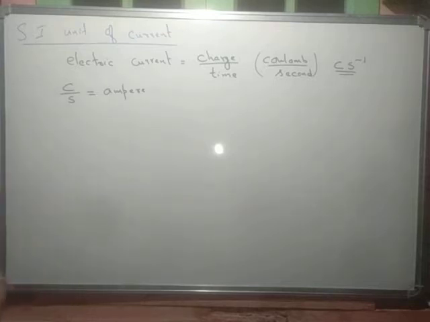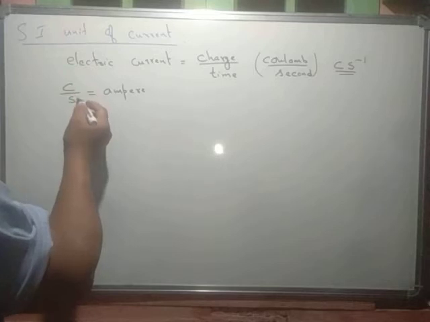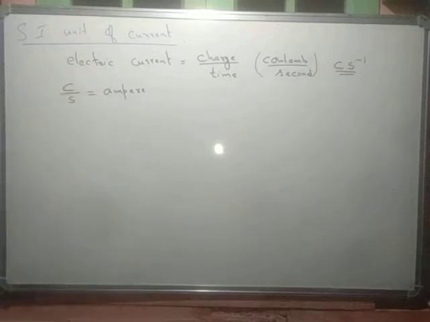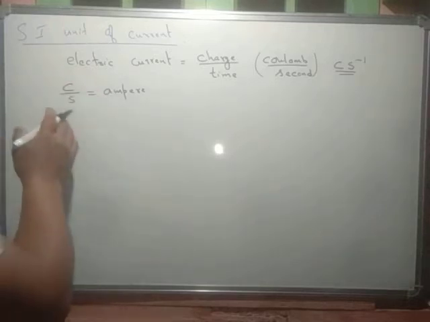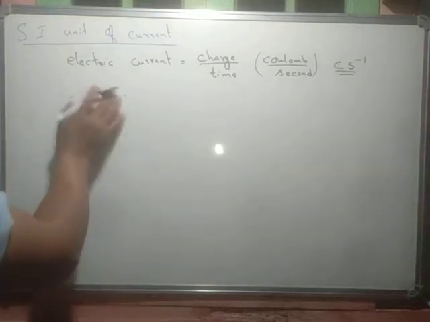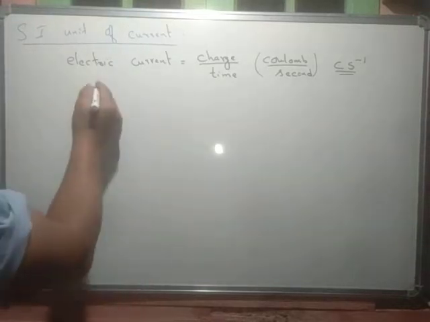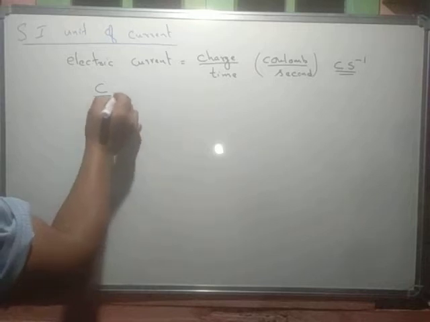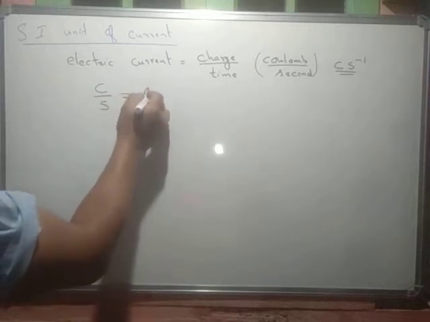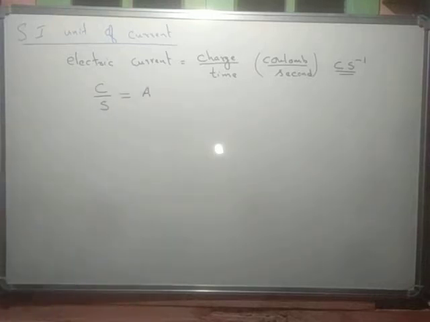So please remember from here that coulomb per second means ampere. I will write two symbols only. This is coulomb, this is second, this is equivalent to A, meaning ampere.